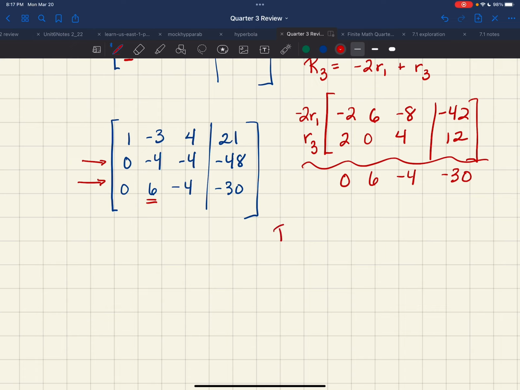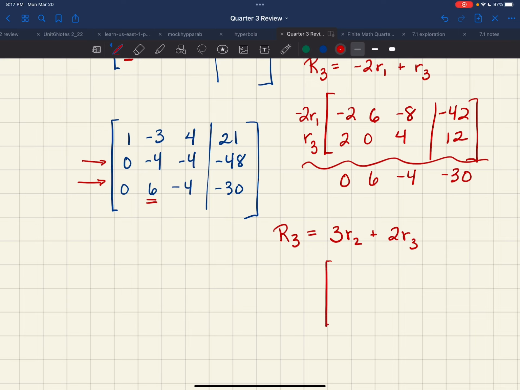So my new row 3 is going to be, let's see here, row 2. The least common multiple between negative 4 and 6 would be 12. So I'm going to take row 2 and multiply that by 3. And I'm going to take row 3 and multiply it by 2.